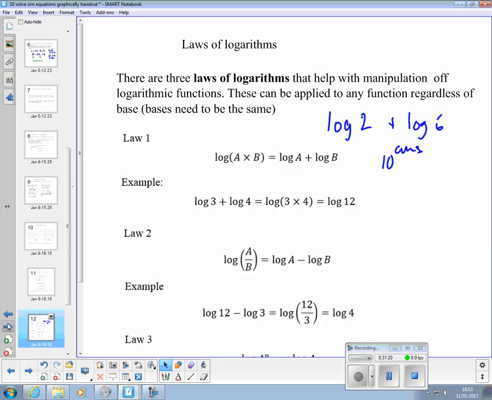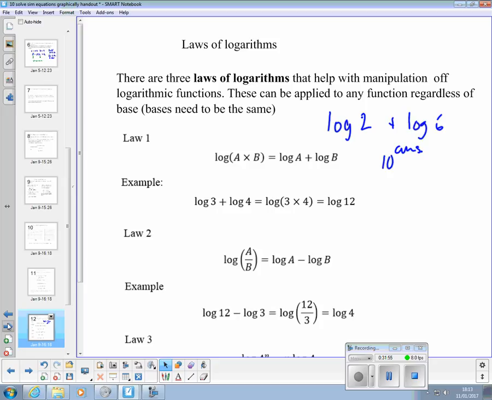The answer, because that's to find the anti-log, Lewis. Another example there. The log of 3 plus the log of 4 is equal to the log of 3 times 4. The log of 2 plus the log of 6 is equal to that. Now find the anti-log of the answer.